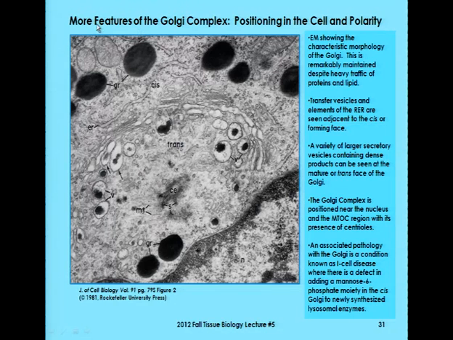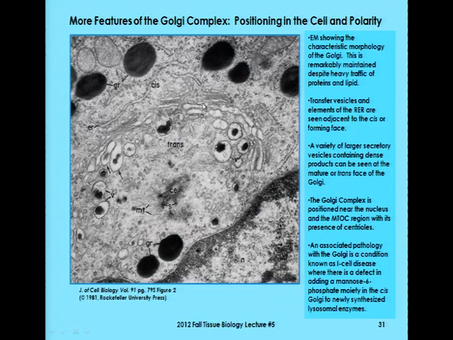Here are some more features of the Golgi complex. Again, the focus here is on the positioning of the cell and the polarity of the Golgi complex. Now, you need to appreciate that in real life, there's quite a bit of activity of proteins moving through the Golgi complex.